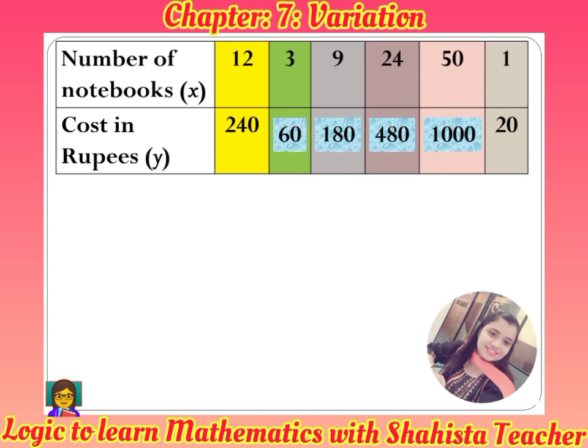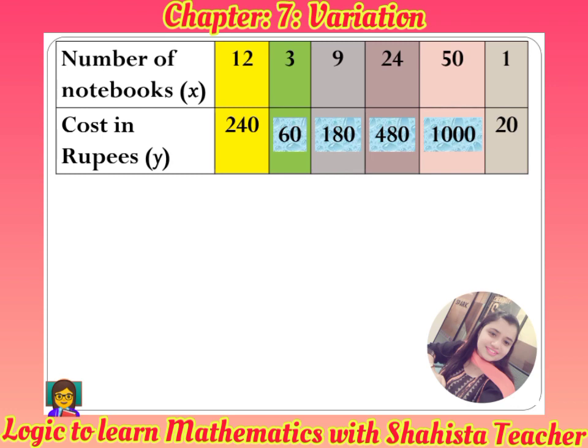So simple and so easy, because we know that for 12 notebooks the cost is 240, and for one notebook the cost is rupees 20. That means simply we multiply with 20 and we get the answers 60 rupees, 180 rupees, 480 rupees and 1000.